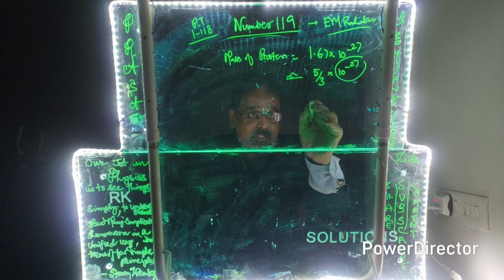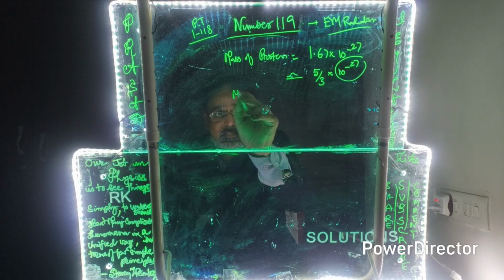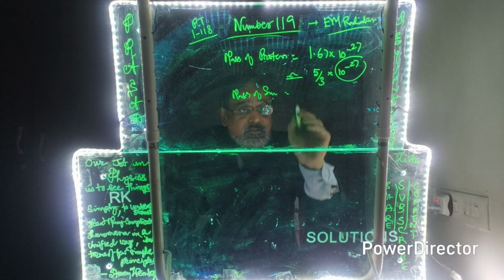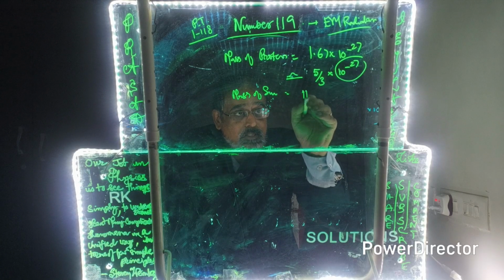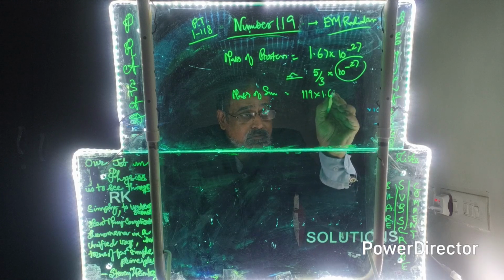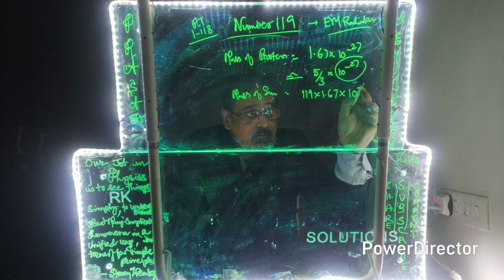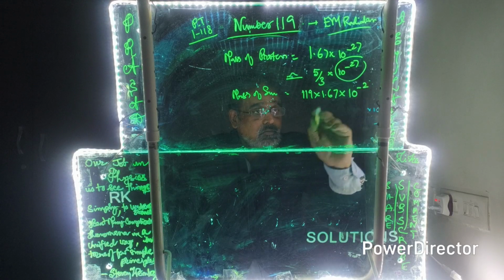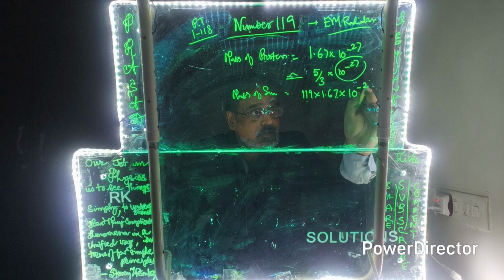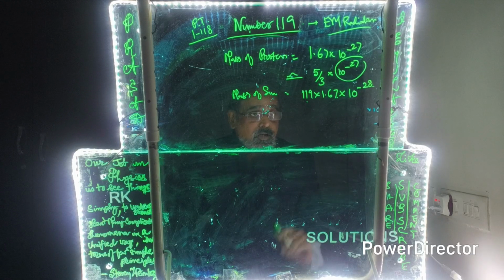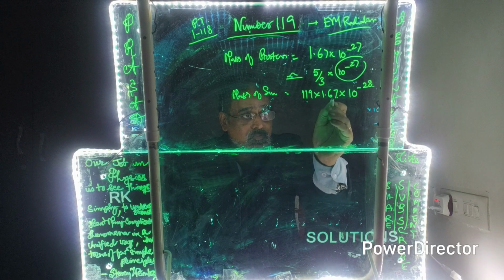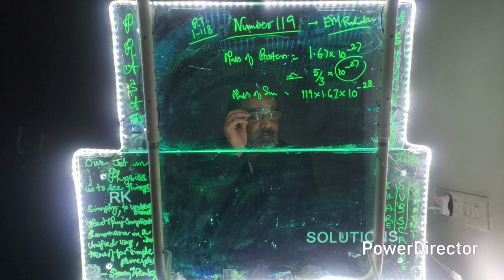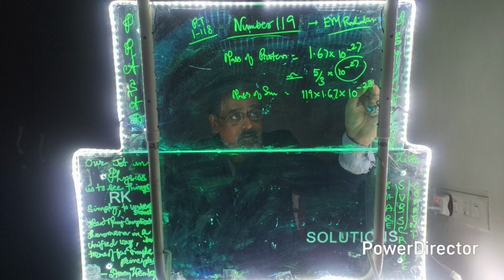See, if you go to the sun, the mass of the sun is equal to 119 into 1.67 into 10 raised to some power.